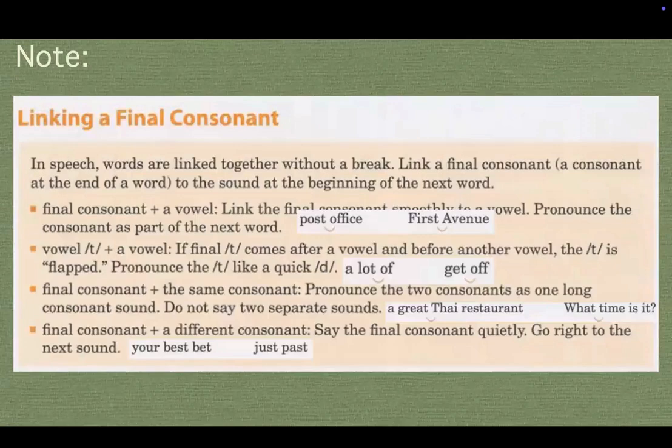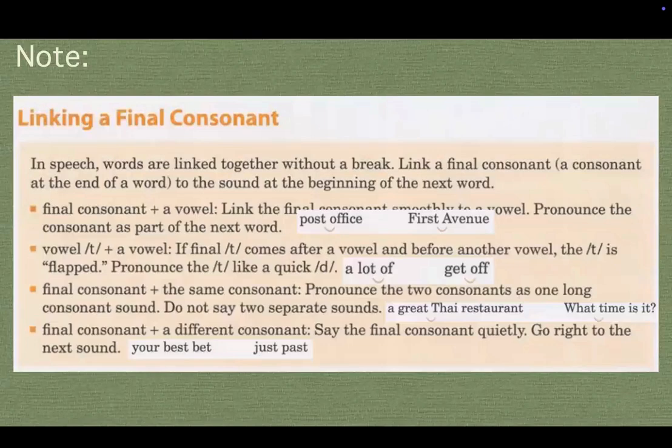Next we have the phrase First Avenue. We have the final consonant T and a vowel A, so we will link them. It will be First Avenue. Next, a vowel, T, a vowel.